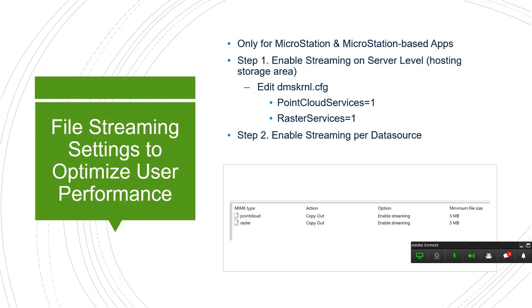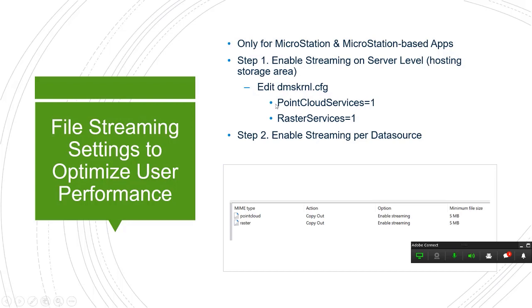If you want to enable file streaming in your data source, it's a two-step process. First, you need to enable streaming on the server level. Namely, you need to edit the DMS kernel.cfg on the integration server.